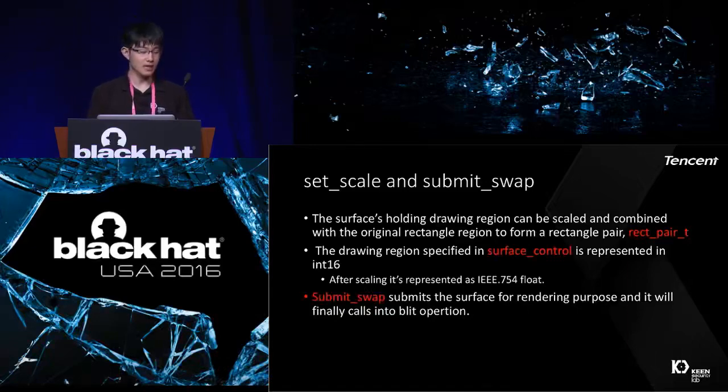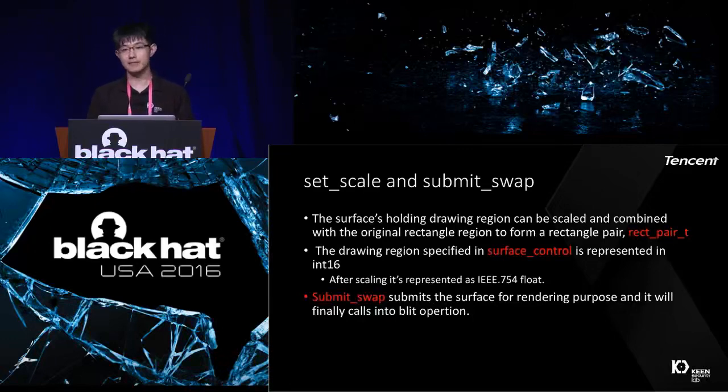An interesting observation is that originally we supply the surface rectangle size in int16 integer format, but after set scale is called and we call surface control, this rectangle is transformed to a representation in the IEEE 754 format, which is a float number.